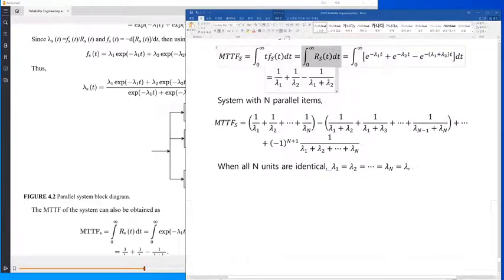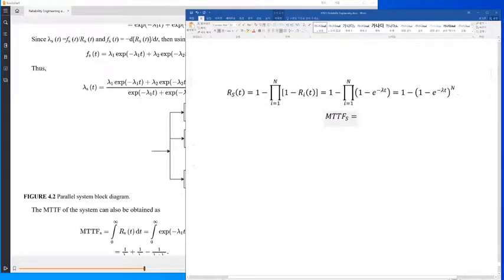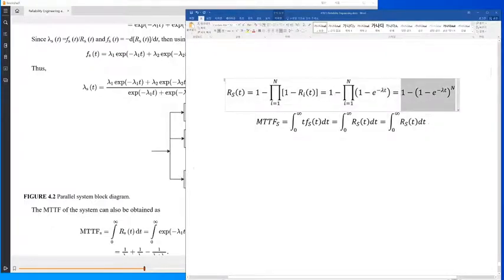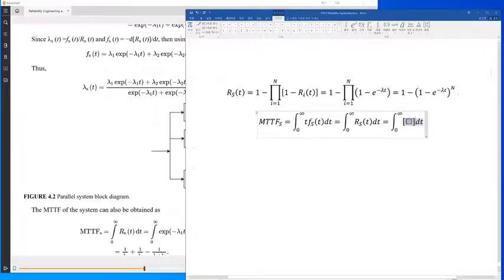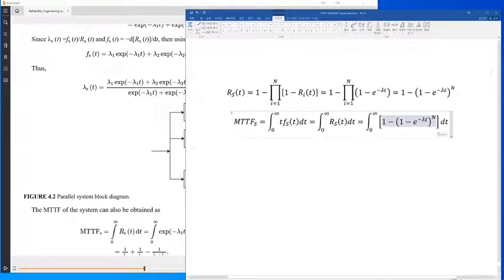So once again, this is the equation for calculating the mean time to failure of the system, and we know what the reliability of the system, Rs(t), is. So the reliability of the system is given. Take the bracket, and so we should calculate this.